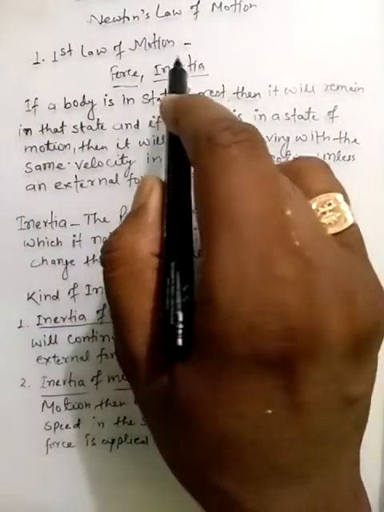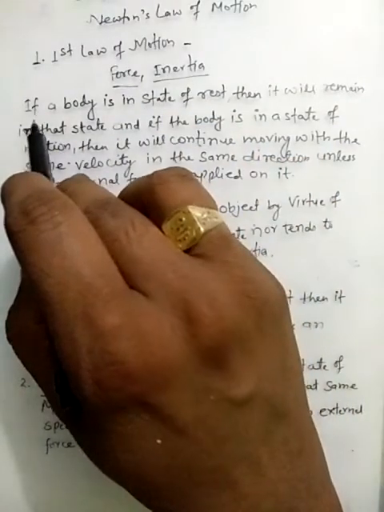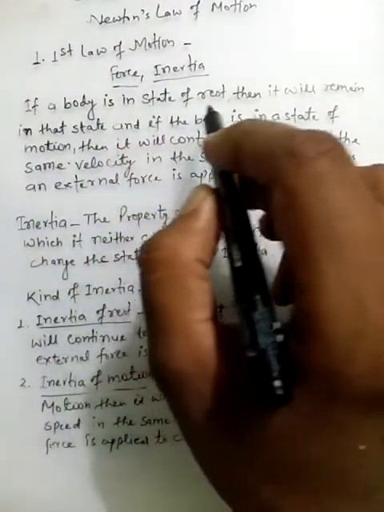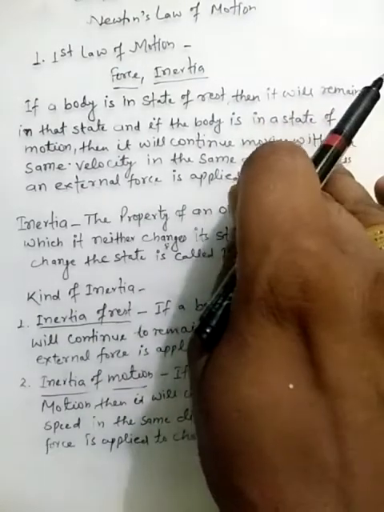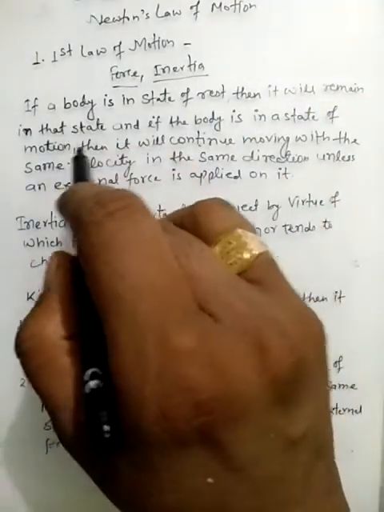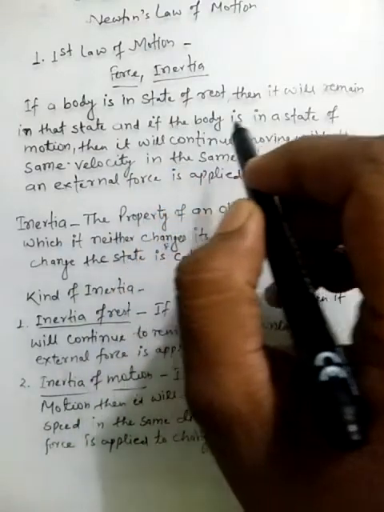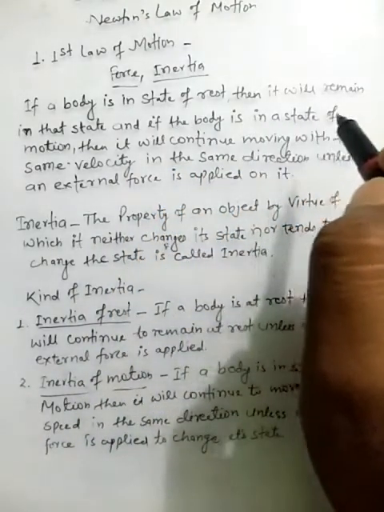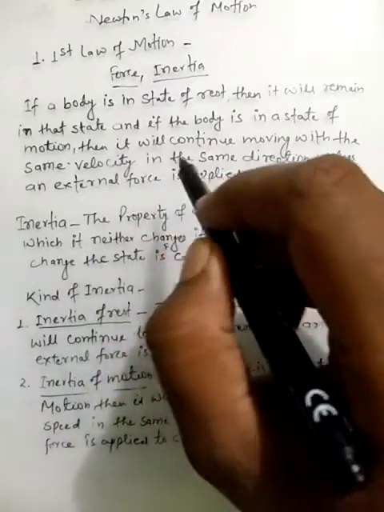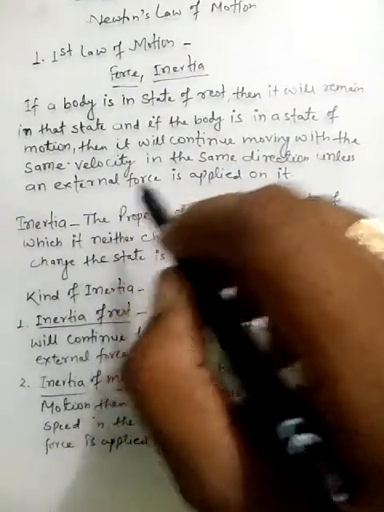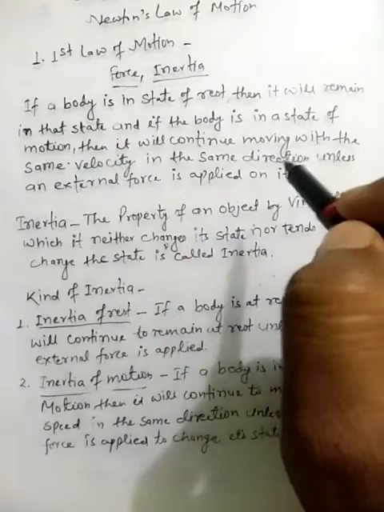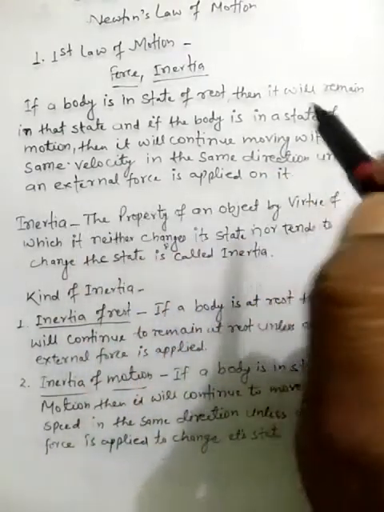The first law of motion states that if a body is in a state of rest, then it will remain in that state, and if it is in a state of motion, then it will continue moving with the same velocity in the same direction unless an external force is applied on it.